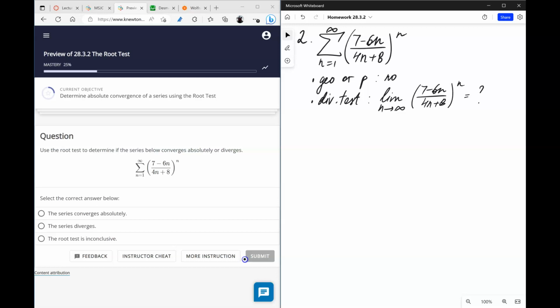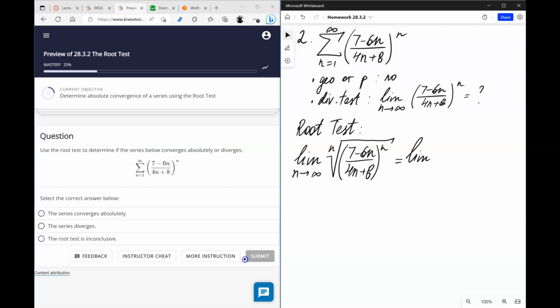Here we are asked to use the root test, so let's go ahead and do the root test. We're going to set up the limit as n goes to infinity of the nth root of the general term. But in this case, you can see how the nth root of the general term just cancels the nth power, and we have this.